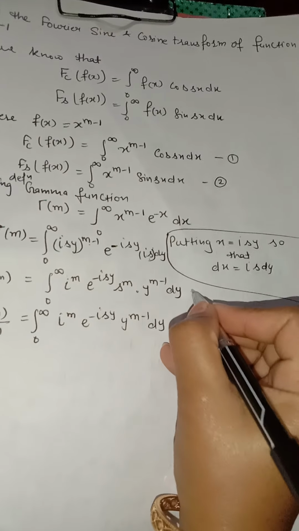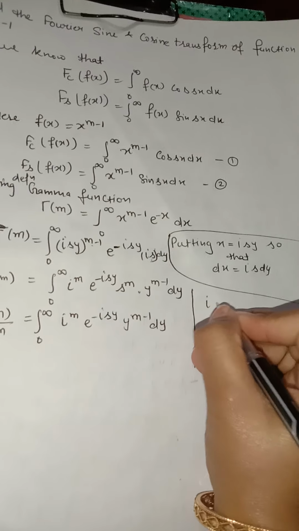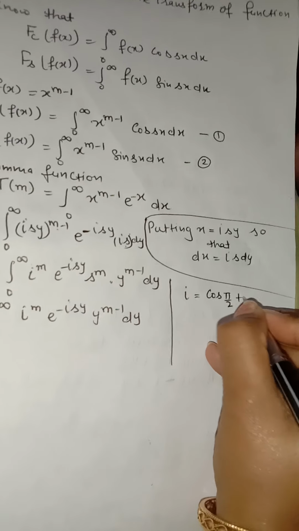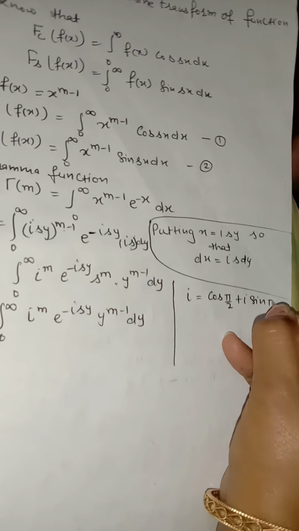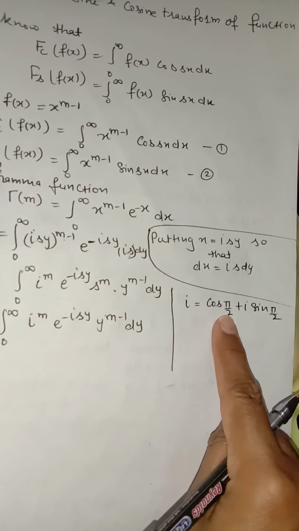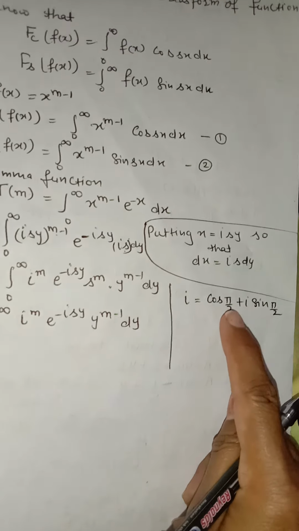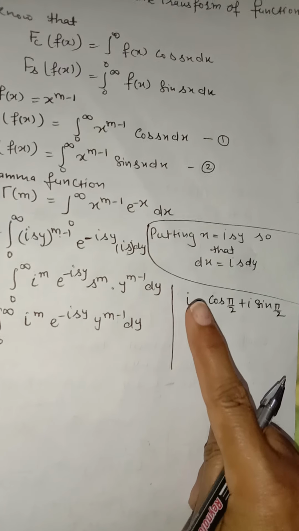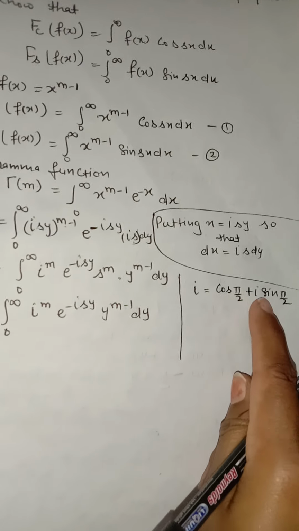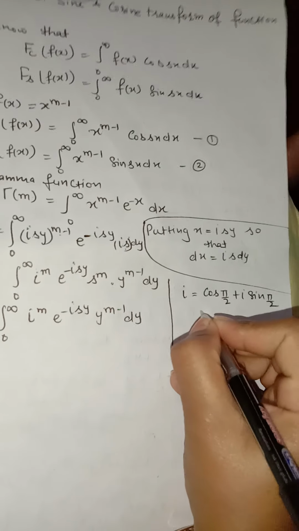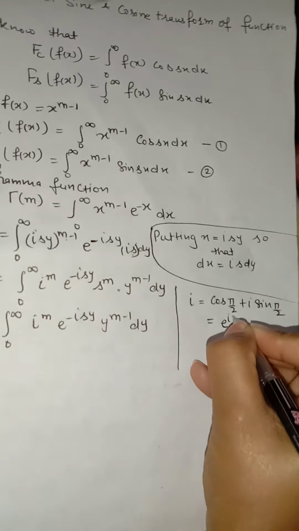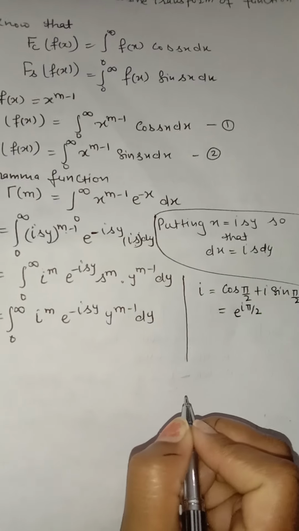Now we know that iota can be written as cos pi by 2 plus iota sin pi by 2, because cos pi by 2 is 0 and sin pi by 2 is 1, so 0 plus iota into 1, that is iota. So iota can be written as cos pi by 2 plus iota sin pi by 2, which can be written as e raised to power iota pi by 2.